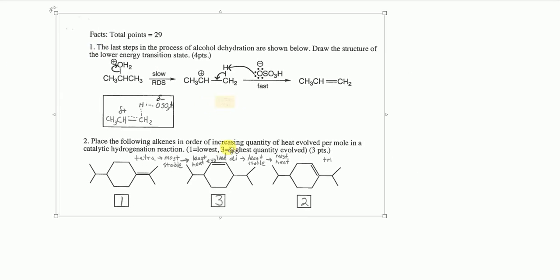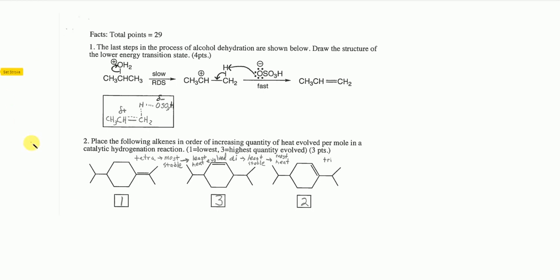Now let's do number 2. Number 2 says, place the following alkenes in order of increasing quantity of heat evolved per mole in a catalytic hydrogenation reaction. So what is catalytic hydrogenation? Catalytic hydrogenation is something that's catalytic, so I have some sort of catalysis, of hydrogenation, so hydrogen adding.